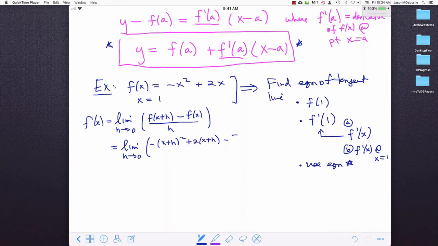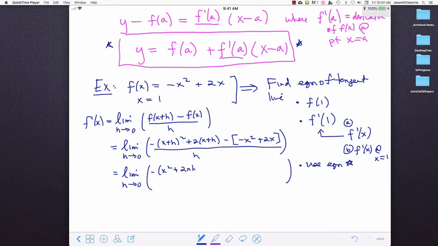Then I need to subtract off the function value again, and divide all that by h. That's the last step. We'll go ahead and FOIL everything out. I'll get negative x squared plus 2xh plus h squared. Distribute the 2, and then distribute the minus sign.